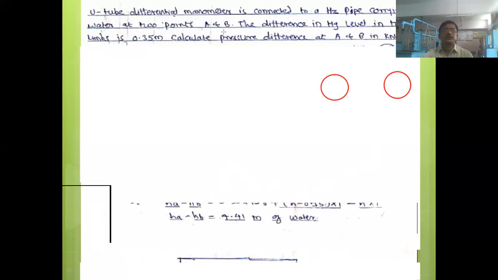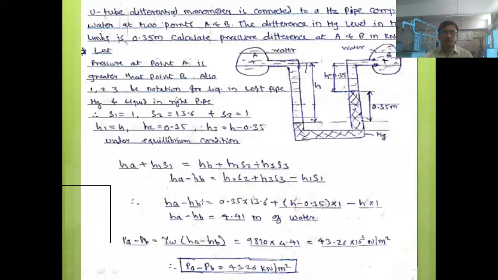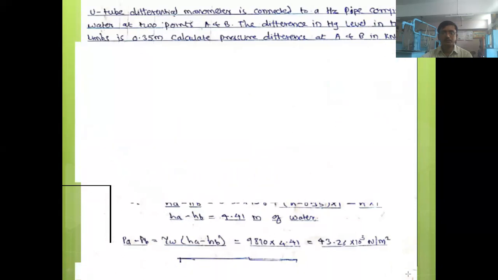It is mentioned that the pipe is horizontal, so you can show the two sections of the pipe at the same level, or you can prefer to draw the diagram of only one pipe. You can choose like that.